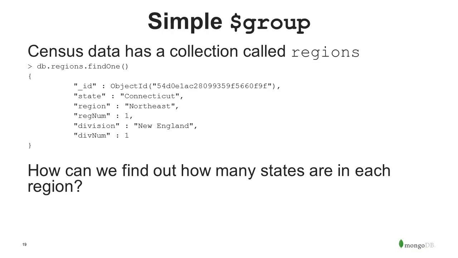So how can we find out how many states are in each region? Region here being Northeast. In this case, we need to use the $group operator, because we want to take all these documents in the region collection and group up the ones that have the same region. That would be just this region key. And then we want to count up how many of those have that particular region.